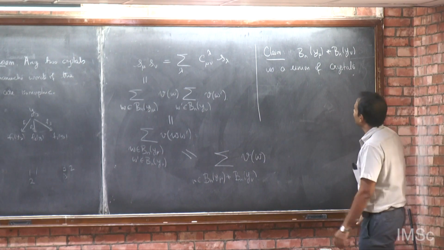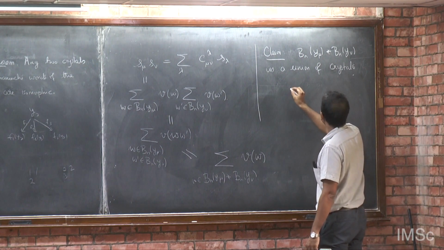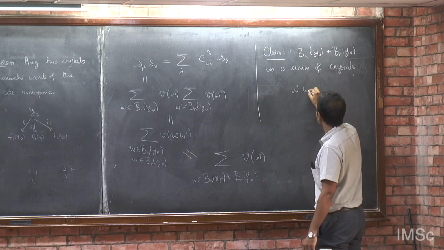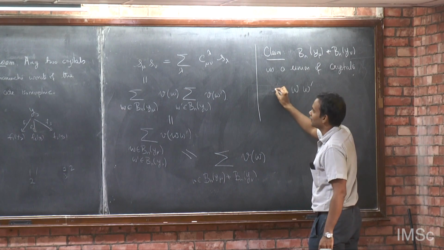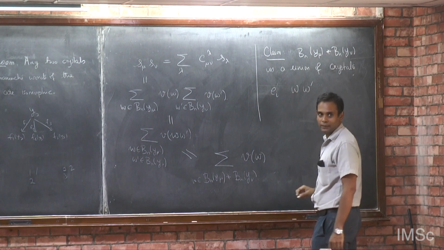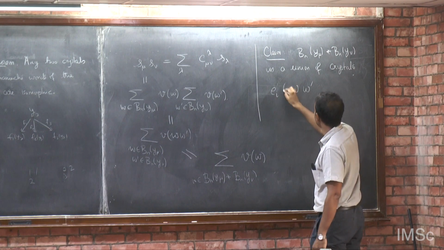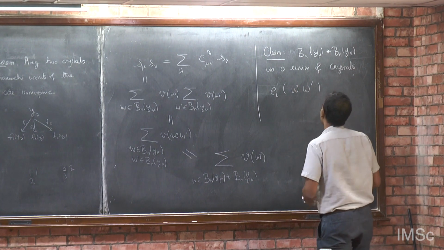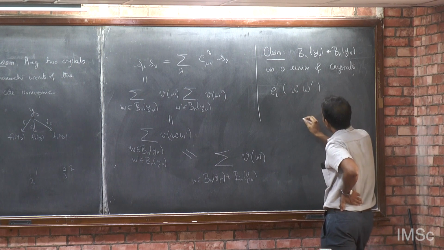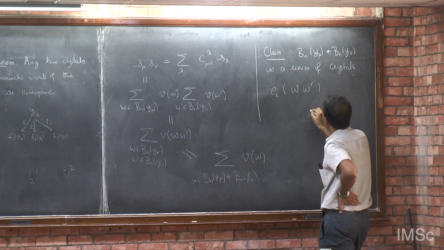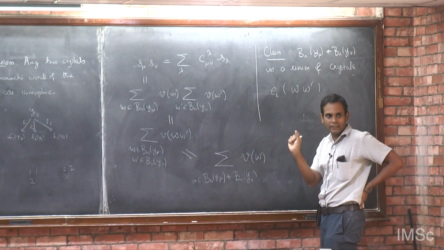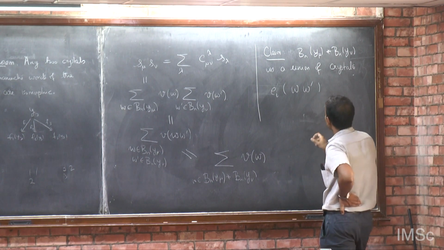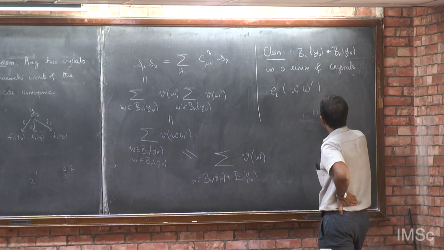So why is that? Well, suppose you have this word W prime, and you are trying to apply something like E_i or F_i to it. What will happen is that you would have cancelled out all the ij pairs, and then you would be left with some i raised to r, j raised to s.